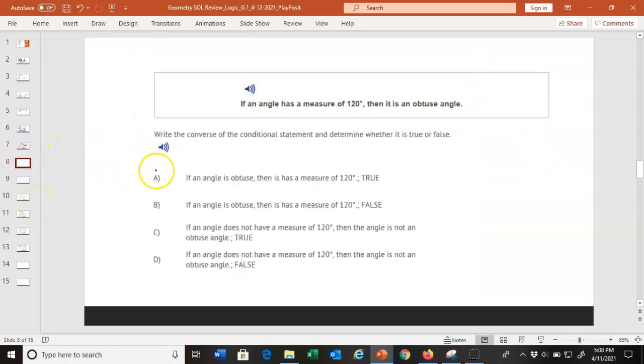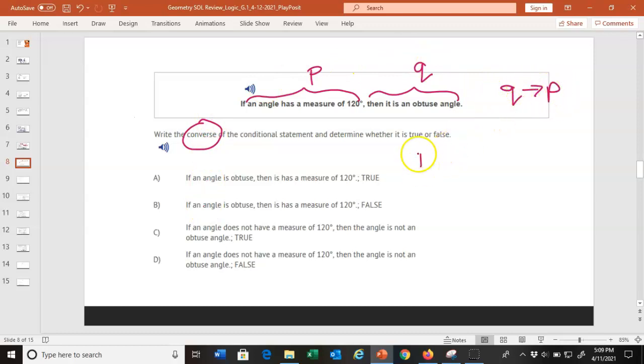All right, if an angle has a measure of 120 degrees, there's P, then it is an obtuse angle. There is Q. It says, oh, we have lots of converse questions. Write the converse of the conditional statement. So remember, the converse is the reverse. So we're just going to reverse the parts.